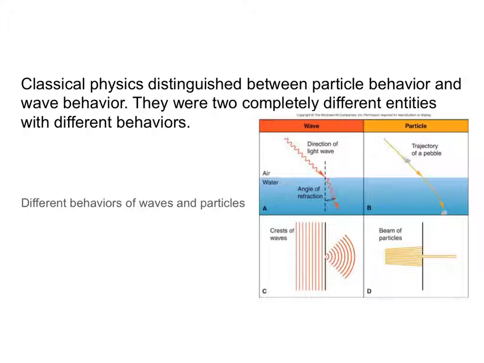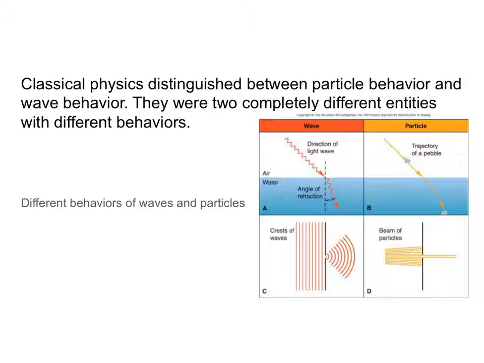Now, classical physics, and we talked a little bit about this yesterday, says that particles and waves are two completely different things. But what we learned about in terms of the progression of the model of the atom is that at some point, people like de Broglie and Niels Bohr and Schrödinger decided that waves and particles actually tended to behave very similarly.